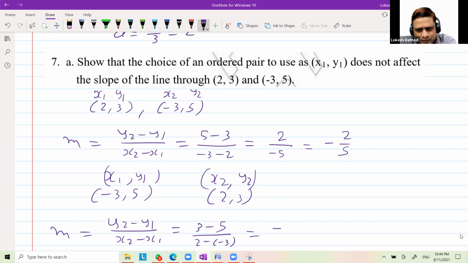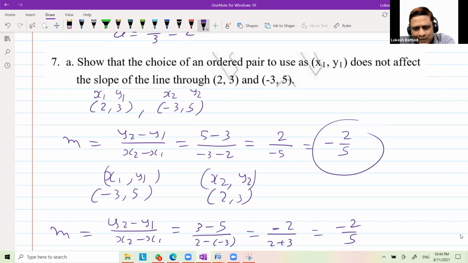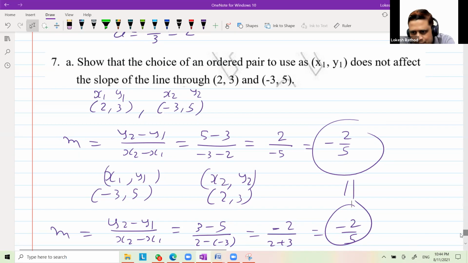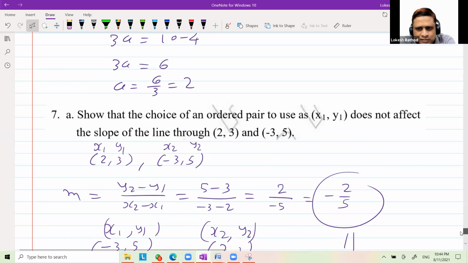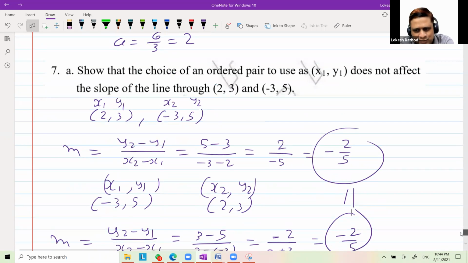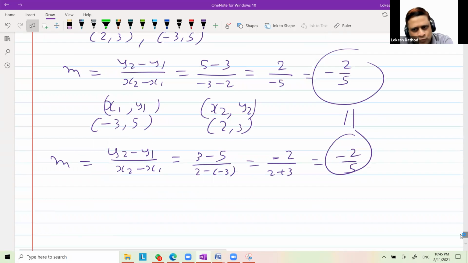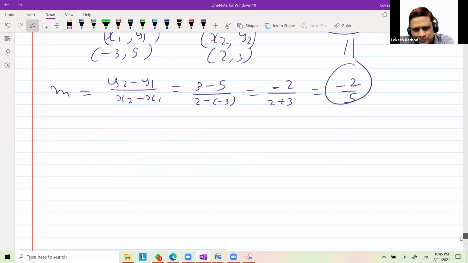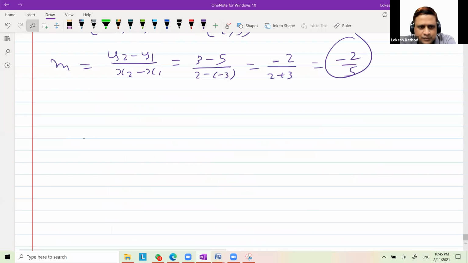That 3 minus 5 is -2, and that is 2 plus 3, right? So it's -2 over 5. I got both the values the same. This value and this value both are equal. Right? So that's what we have done. Show that the choice of ordered pair used as x1 does not affect the slope of the line. Whichever point you take as x1, y1 and x2, y2, the slope will be the same only. It will not change. Clear? Right?